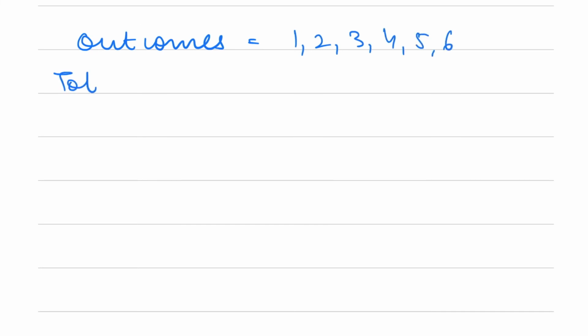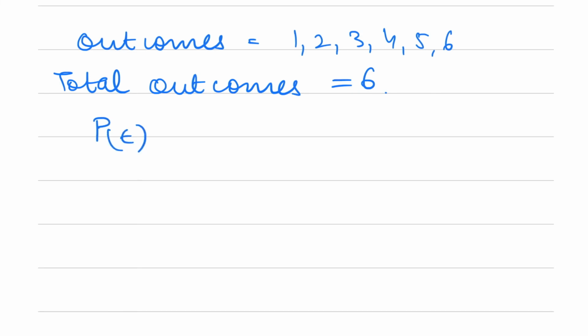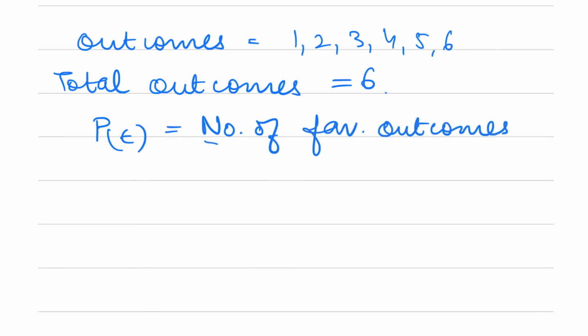So total outcomes are 6. Now we can write down the formula for probability of an event is number of favorable outcomes divided by total number of outcomes.